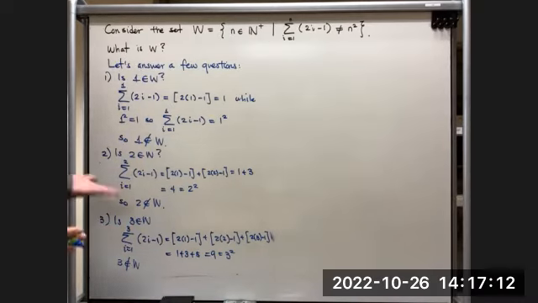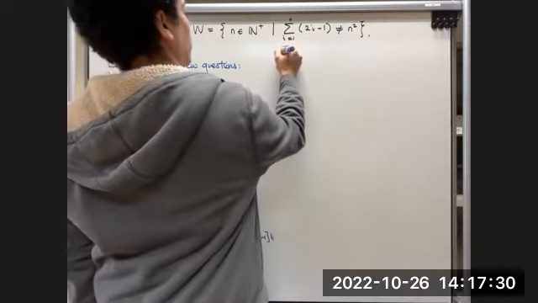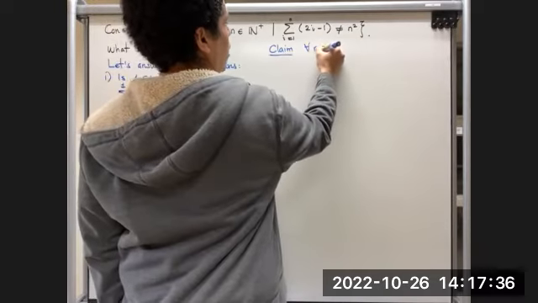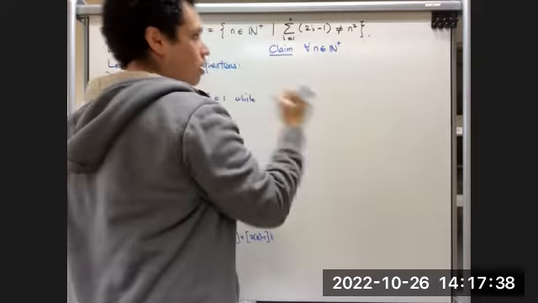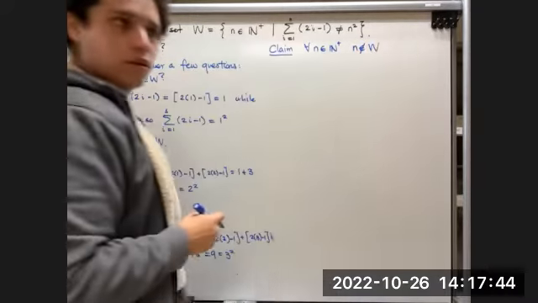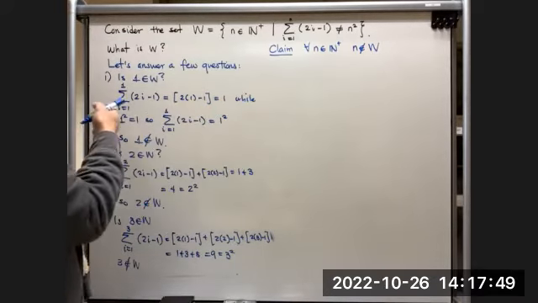So now that's an indication. Look at the pattern that we're developing here. It seems like it doesn't matter which positive integer we select, it won't be in W. But then that becomes something of this form: for every positive n, n is not in W. Well, that's a perfect case for a proof by induction.